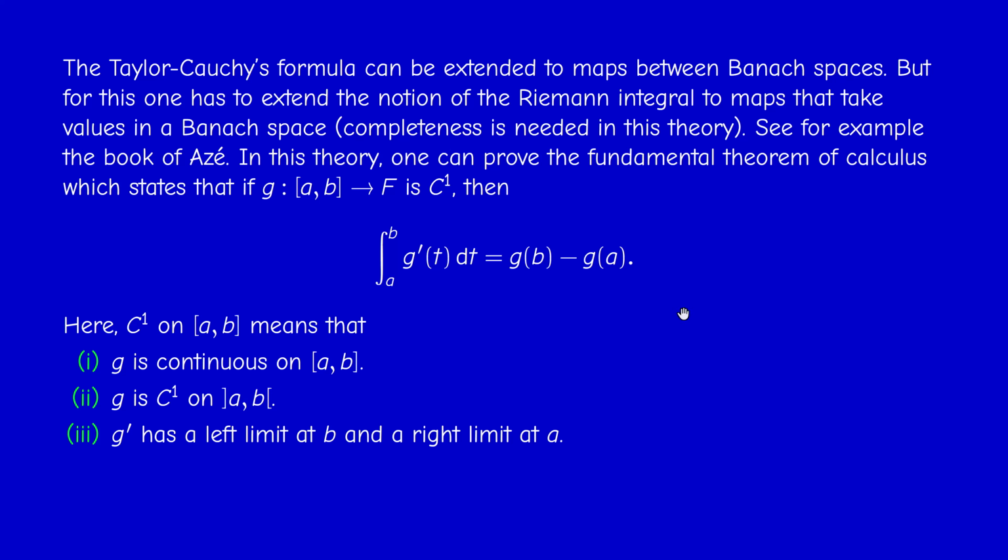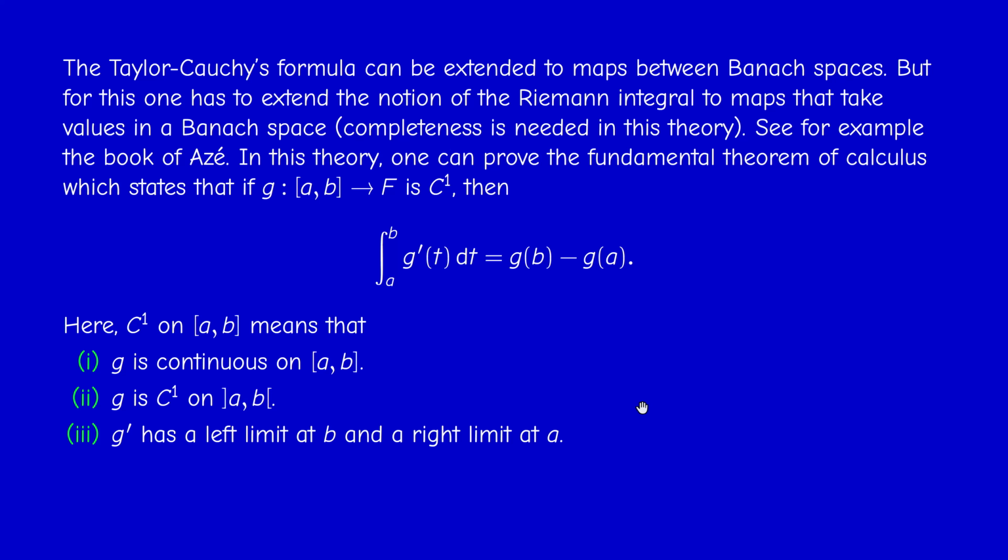Now, you can prove that if this is true, then we can extend g to a C1 function from R to F, if you like. This is very easy. It's a good exercise. So here, g is C1 means that it's C1 on an open set containing [a,b]. When the domain is an interval of R, the two definitions coincide.